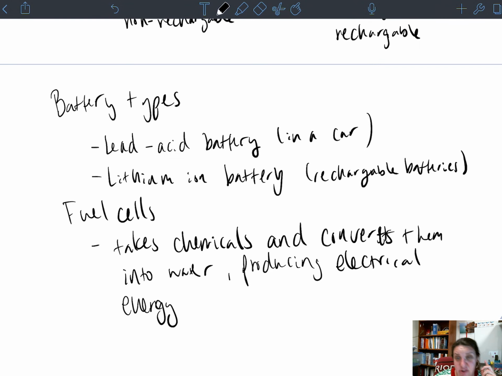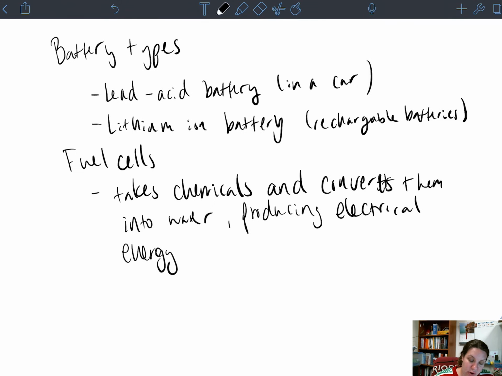So we're basically taking H plus and O2 and producing water. We will look more in detail at battery types and fuel cells.